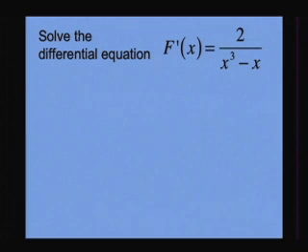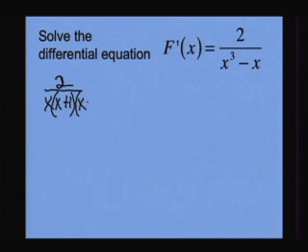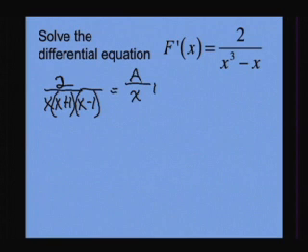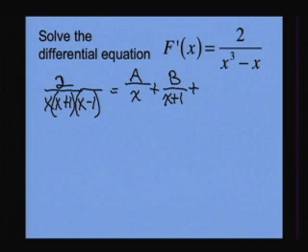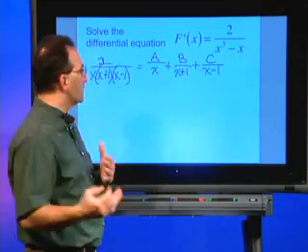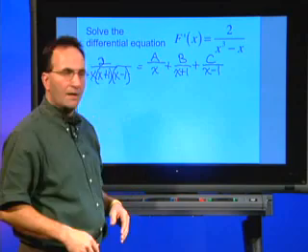What it would look like is that 2 over x times x plus 1 times x minus 1. So you can see that what we'll have is a over x plus b over x plus 1 plus c over x minus 1. And now, what I need to do is multiply both sides by the common denominator.